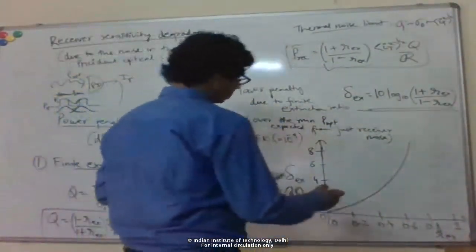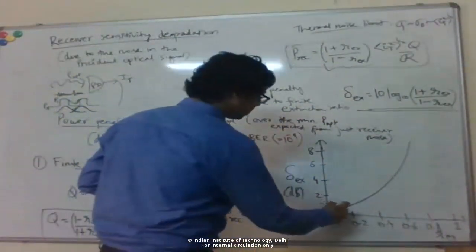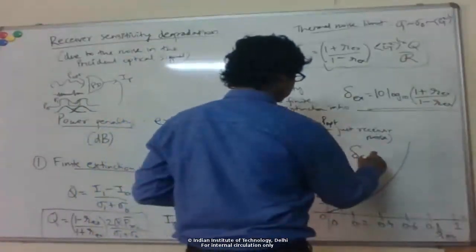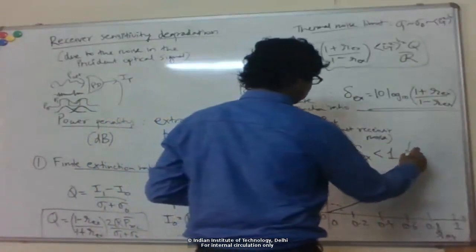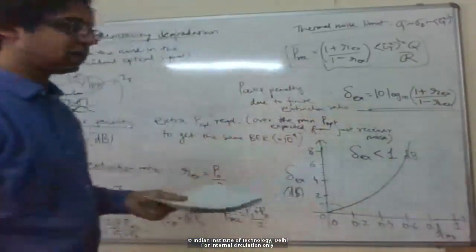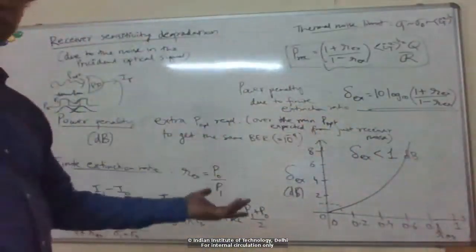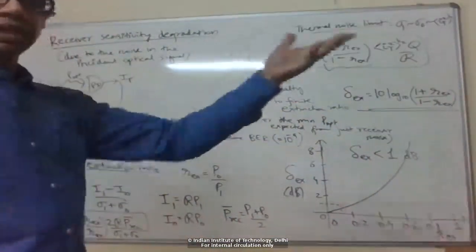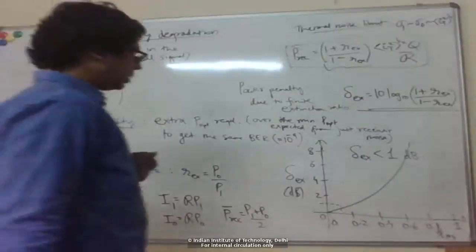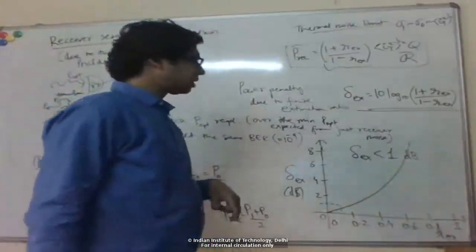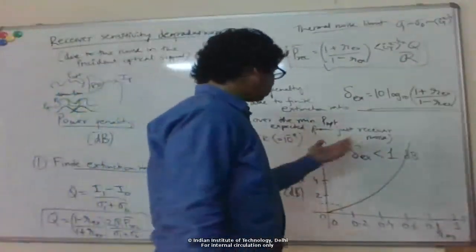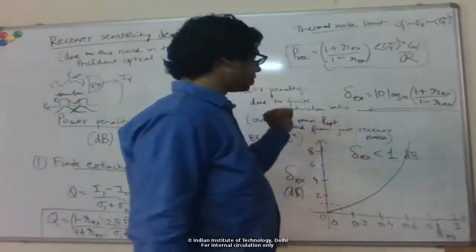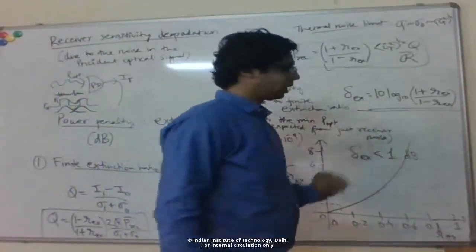Okay, so typically a figure of merit is we want to keep the power penalty below 1 dB. Basically we budget for a link and we say, okay, we need this much optical power to operate at this data rate and this bit error rate, right? And so all these other extra factors we want to keep as small as possible. So typically you want to keep the power penalty due to these extraneous sources below 1 dB.